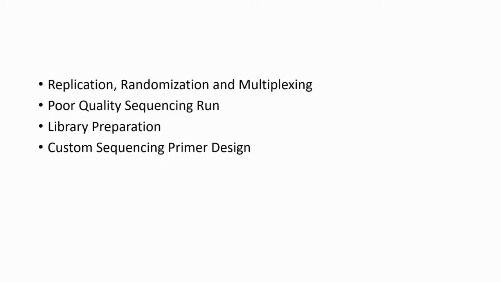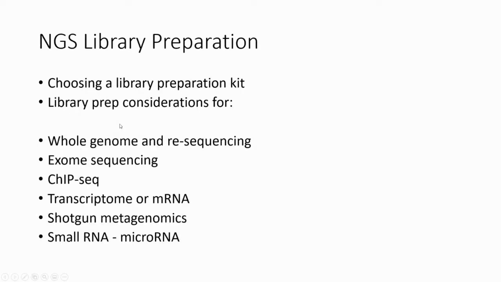During this process, you have to be careful about PCR duplicates and low quality reads. You also have to perform library preparation, because you need to put in the primer and index so that you can identify each sequence and which sample it belongs to. Those are all important factors that can affect your sequencing result.